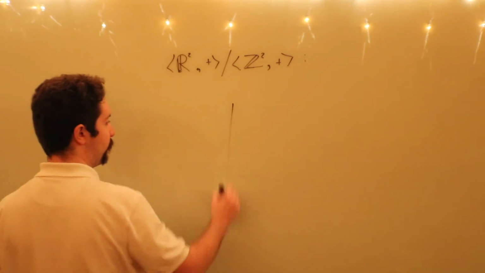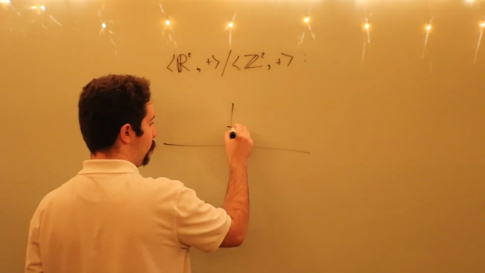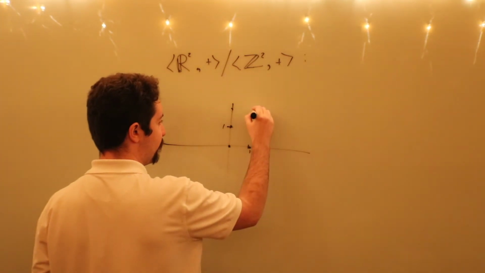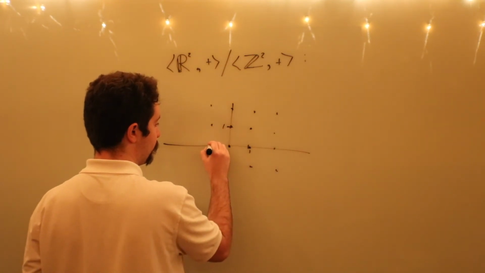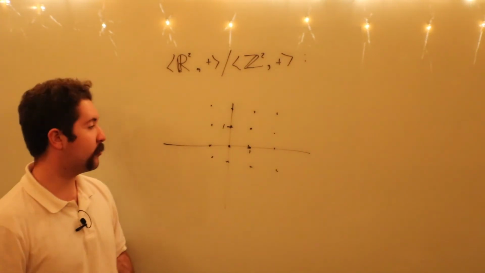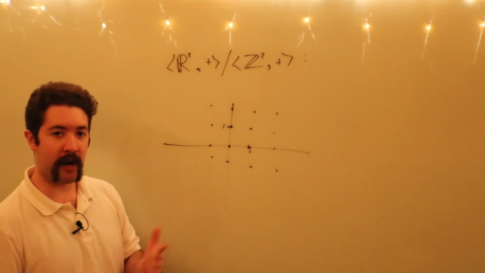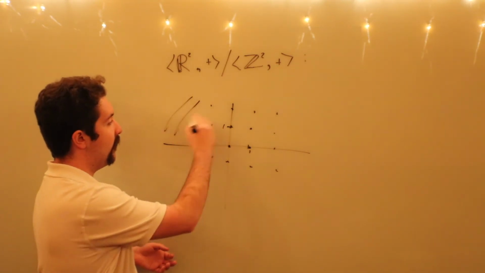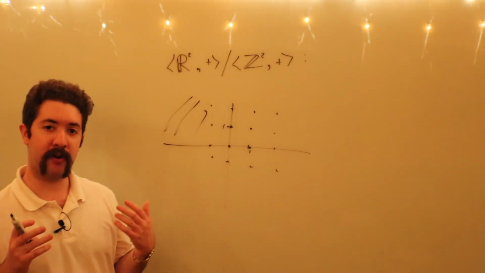So if we have a little grid here, at 0, 1, at 1, 0, at 1, 1, we're all going to have integral points, and these are going to go on in every direction. And this is the lattice Z2. It consists of all these points which are exactly at the corners of these 1 by 1 unit squares. And R2, of course, is going to be the entire plane. We're both considering them as groups under addition.